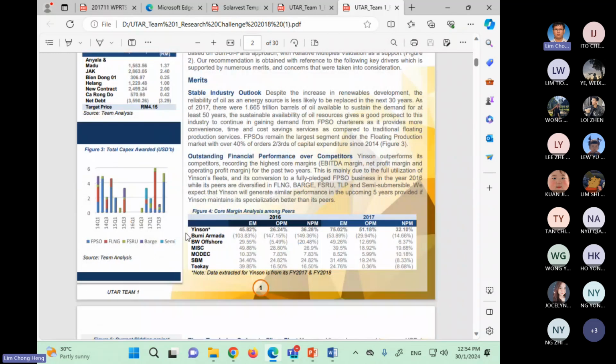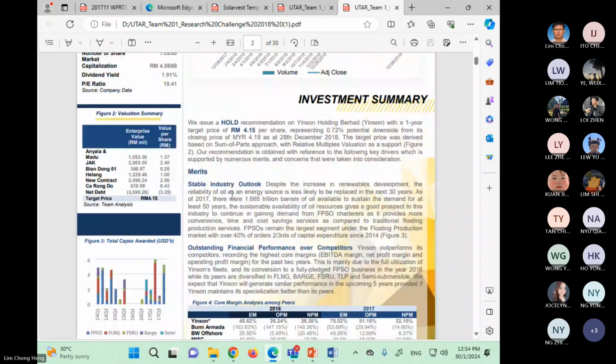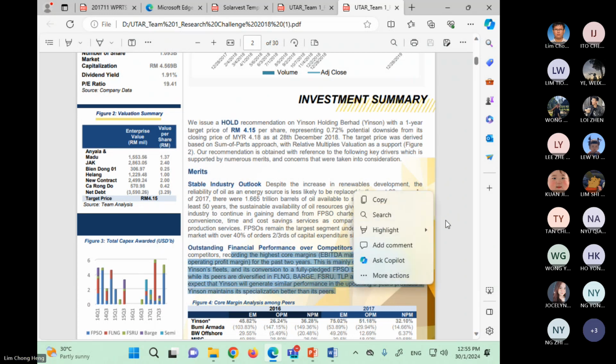Okay, this is your assignment. So see, your friend wants to attract people to continue to read. All the titles they highlight let people know what the focus point of this sentence is.